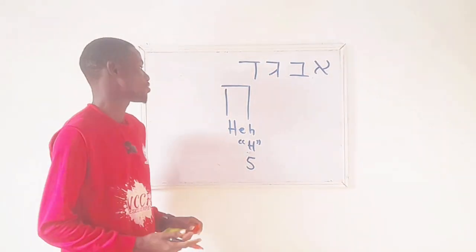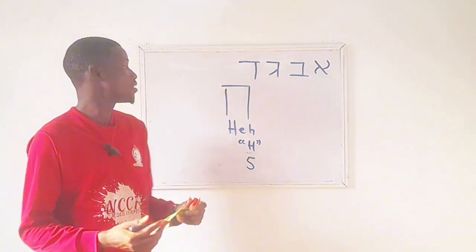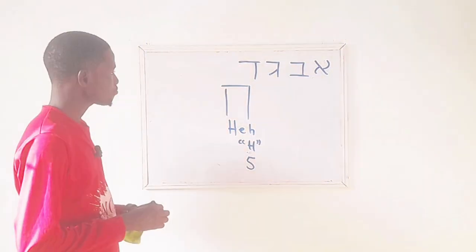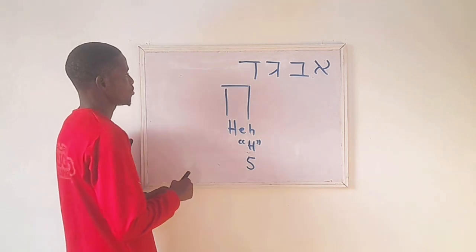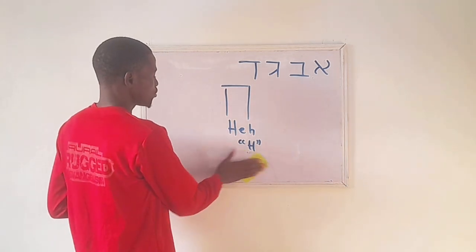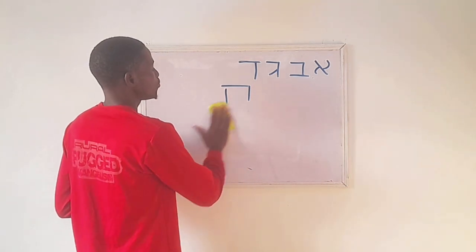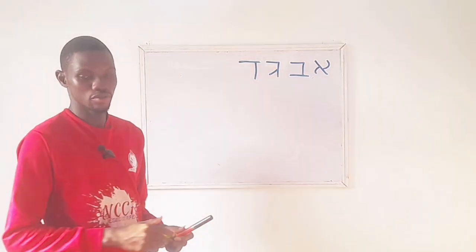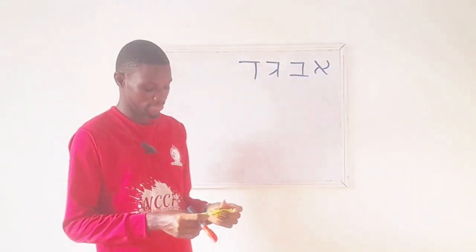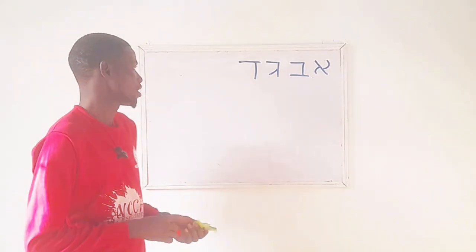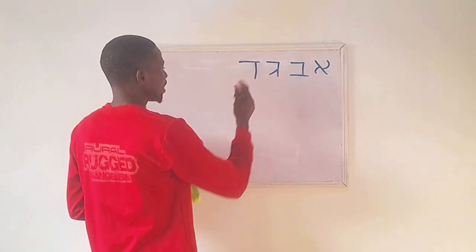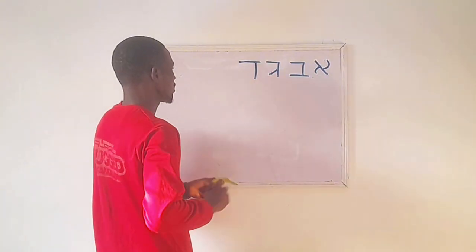It makes the H sound. Alright? Hey. So I'll just run through it, and we're going to be learning more vocabularies later. You should be able to get to number 10 or 12 today. Okay, so we have written Aleph, Bet, Gimel, Dalet, and Hey.